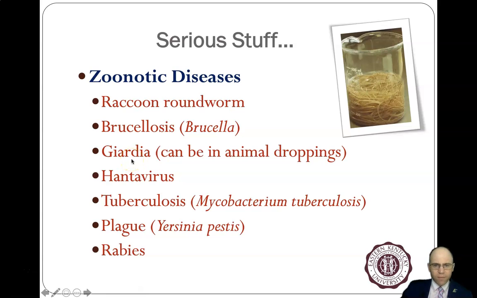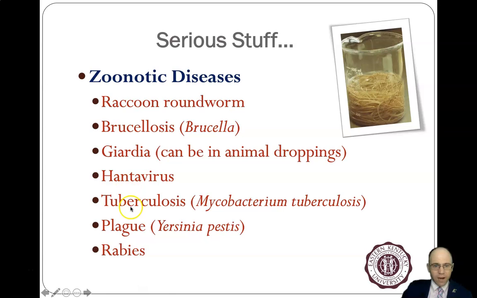Giardia can be spread from animal droppings or can get into the water. So there's things that we can do to make our water safe when we're camping. If you're not able to bring your own water in, there are water tablets that are chlorine tablets or iodine tablets that will clean the water for you to make it safer to drink. There are other ways like boiling the water.